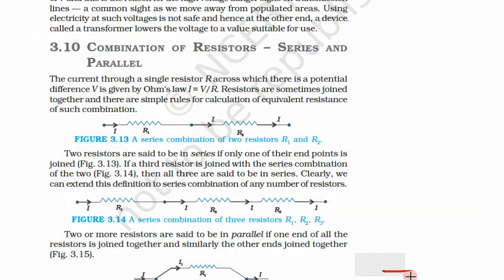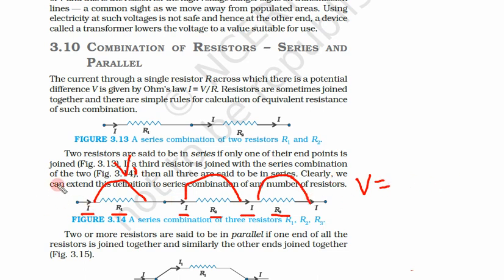Now if we add a third resistance, the same thing will happen. The current remains the same, that means current I is flowing in all the resistances, R1, R2 and R3. The total potential drop across the whole circuit is V. The potential drop across the first one is V1, which is IR1, V2 is IR2, V3 is IR3.